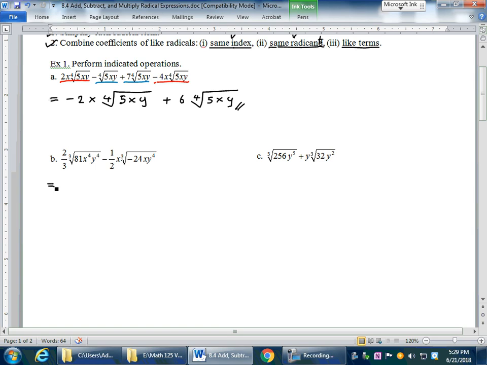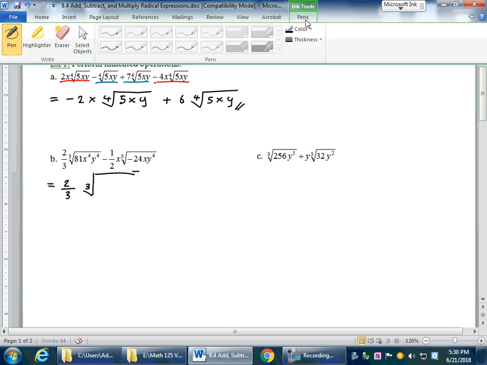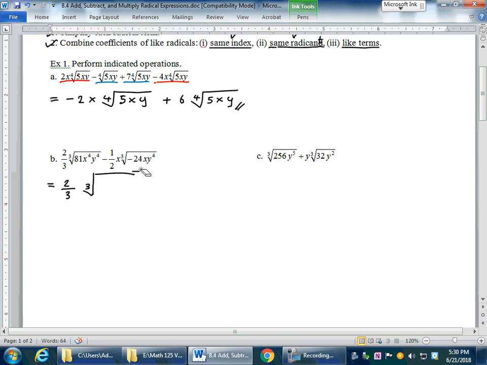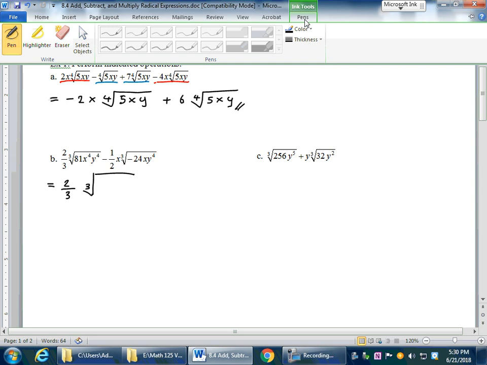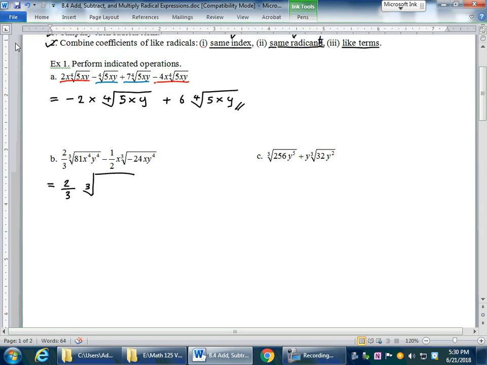So in this case, my index is cube root. So to simplify the first radical term, I go one by one. First the number 81, and we practice enough such that we know 81 has a perfect cube factor, which is 27 times 3.